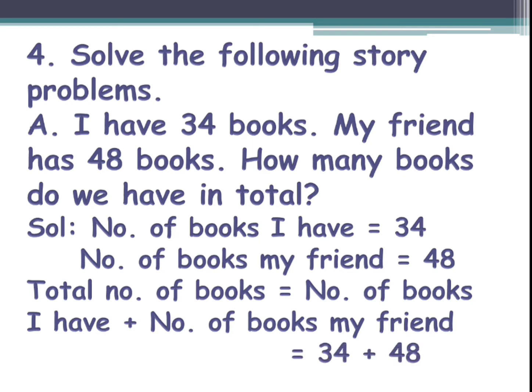Okay, now we have to do the columns, isn't it, children? This addition you can do in your column method, with place value blocks, or in the expanded form, but the easier one will be the column method. So let's do it in the column method. You have to make the columns as tens and ones.